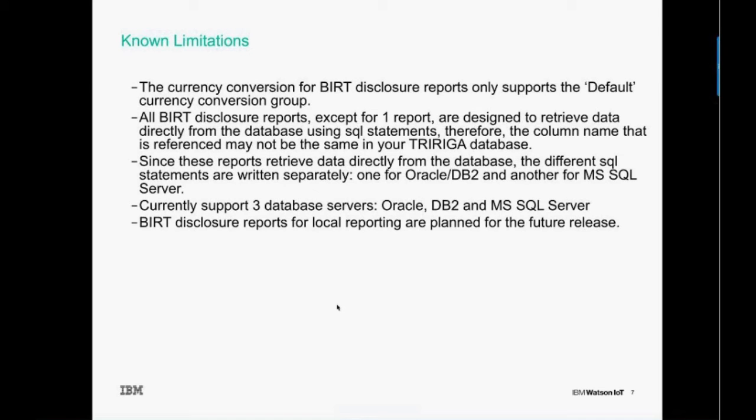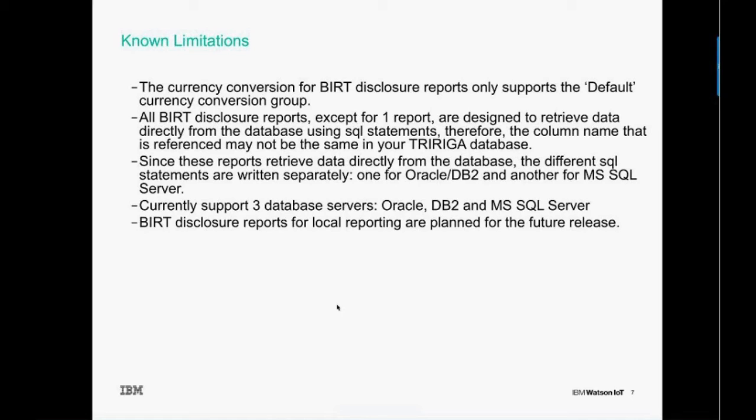So for the known limitations, for the currency conversion for BIRT disclosure reports, we only support the default currency conversion group. And the second known limitation is that, like I said, all BIRT disclosure reports, except for only one report, are designed now to retrieve data directly from the database using the SQL statements.